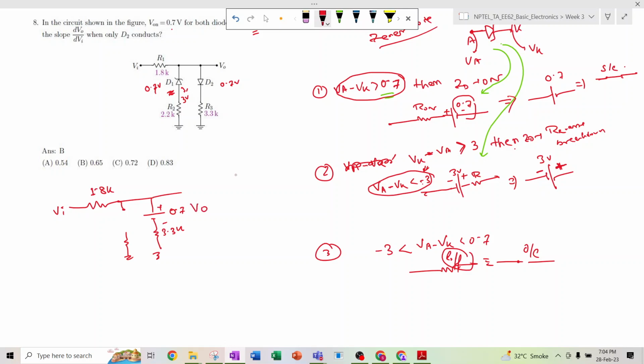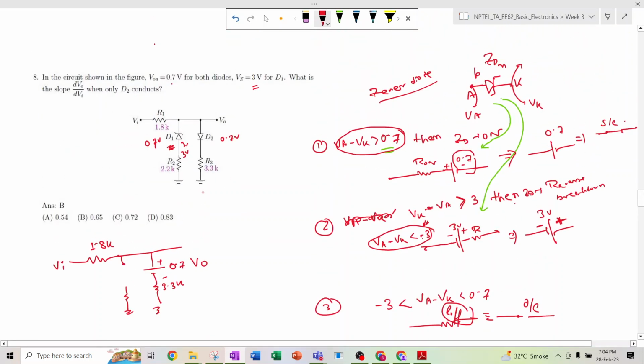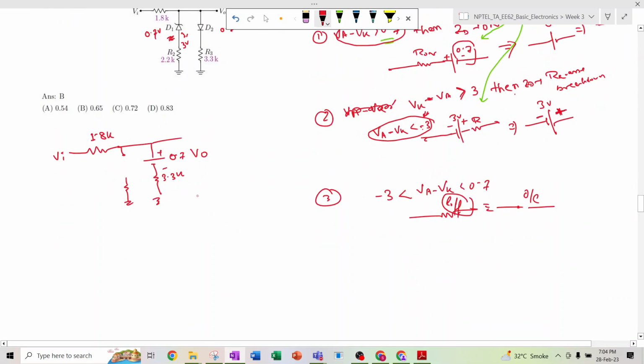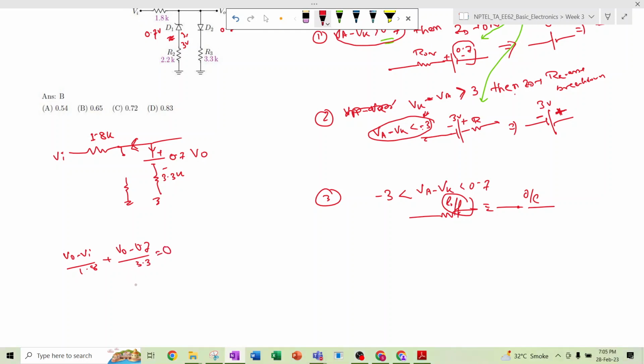So what will be the VO? Now what happens, we just apply a simple KCL in this circuit, right? (VO minus VI) divided by 1.8, that is the current flowing in this direction, plus (VO minus 0.7) divided by 3.3, that should be equal to 0.